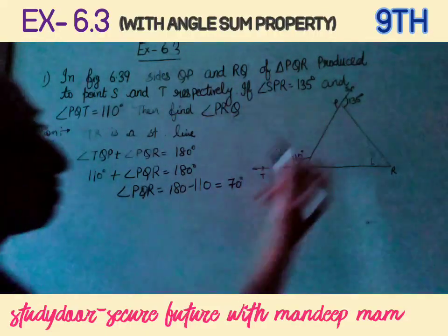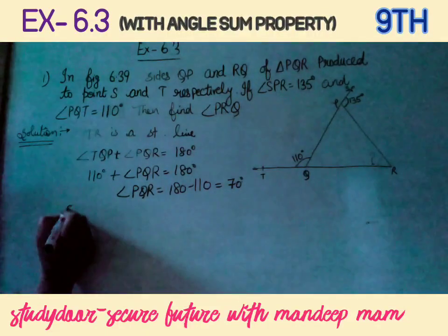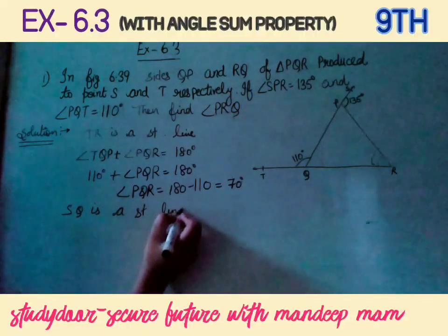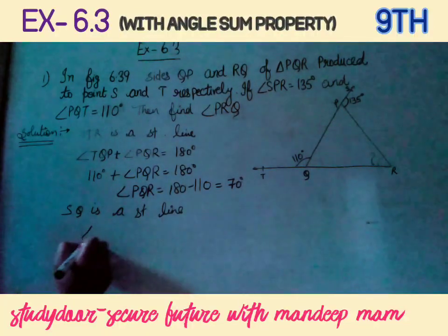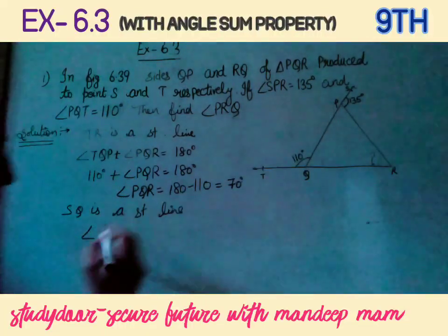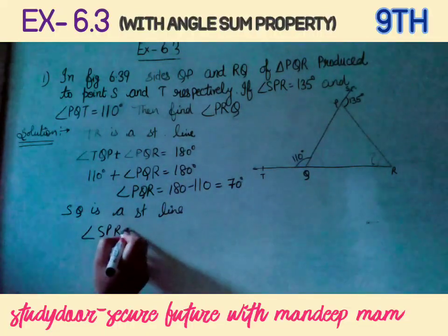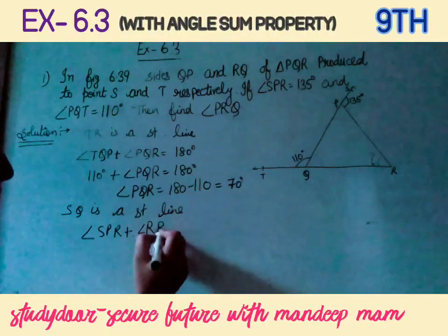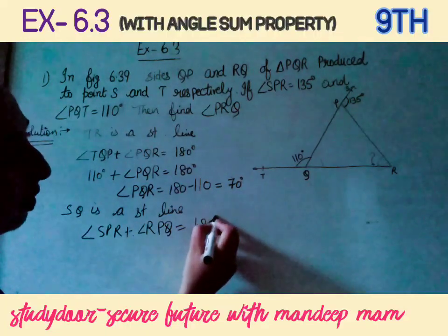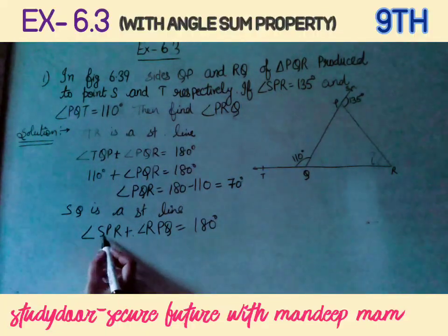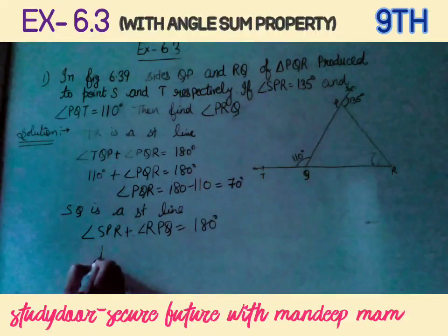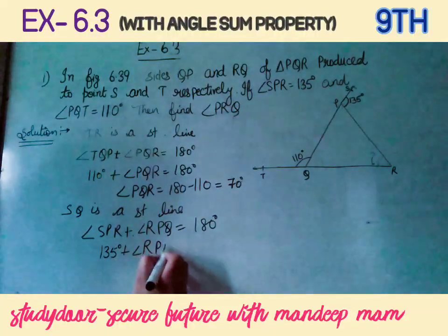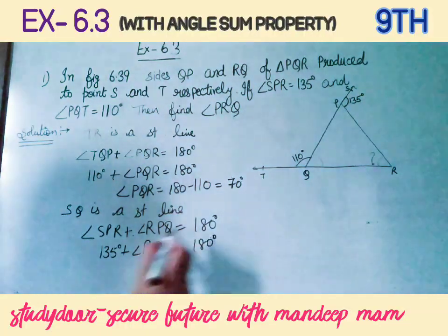Now, similarly, SQ is a straight line. So the sum of angle SPR plus angle RPQ is equal to 180 degrees. The value of SPR is 135 degrees, plus angle RPQ, which we have to find out, is equal to 180 degrees.